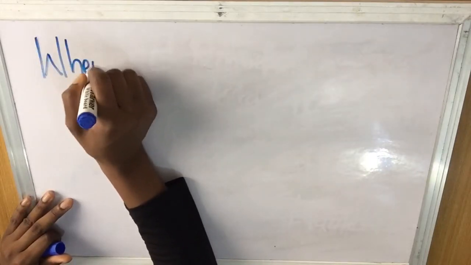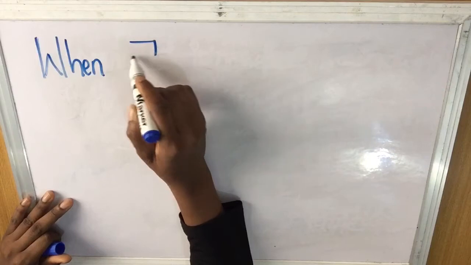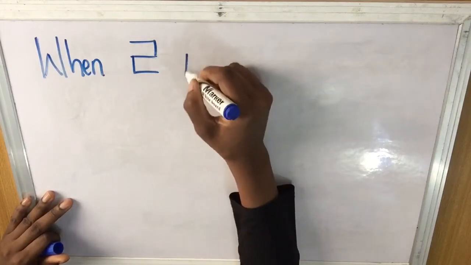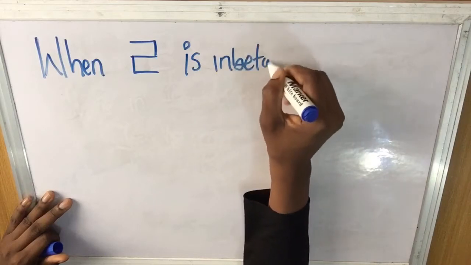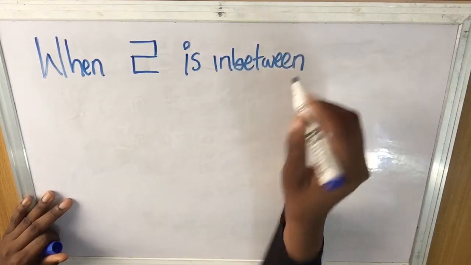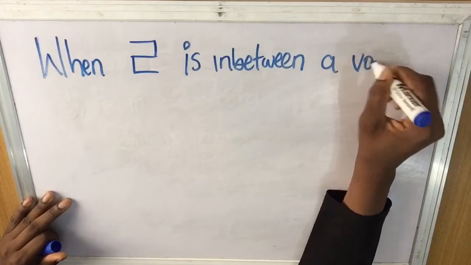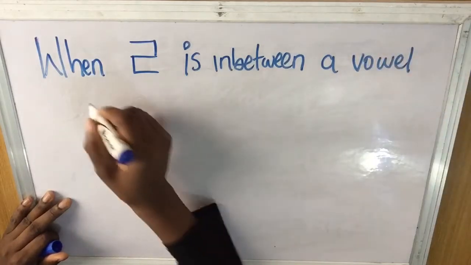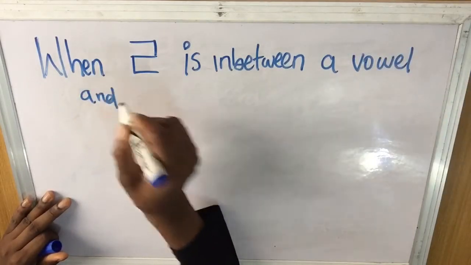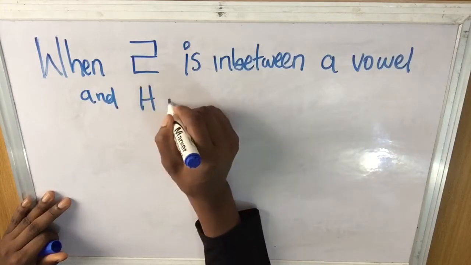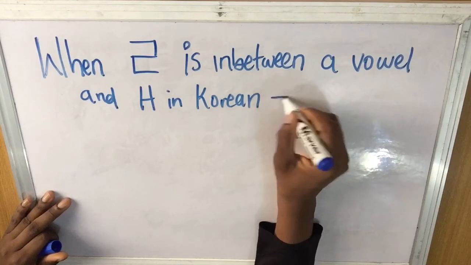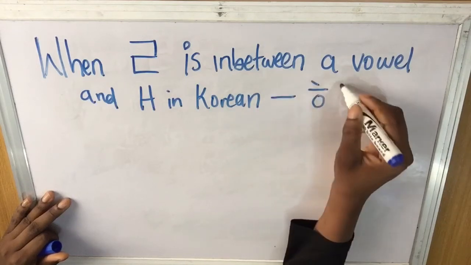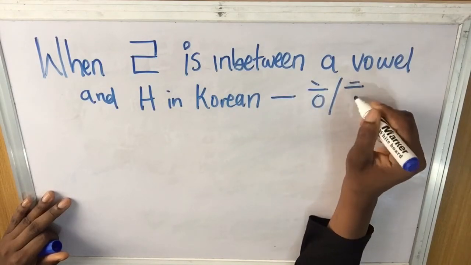When re is in between a vowel and H in Korean, which is this, is it written like this or like this?